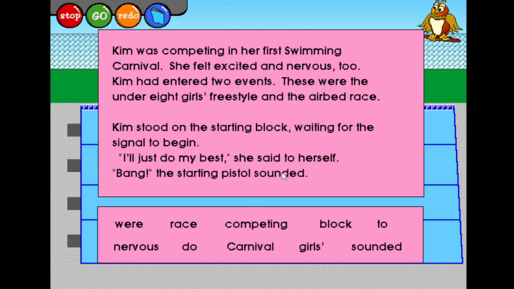Read the completed passage. Click on the book.